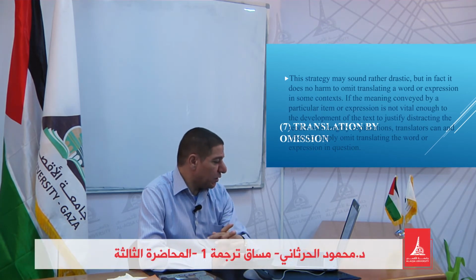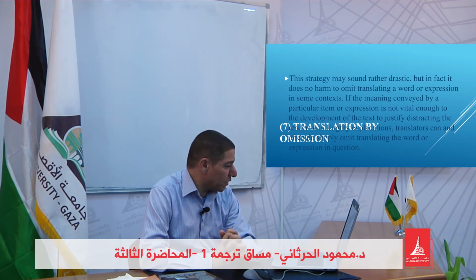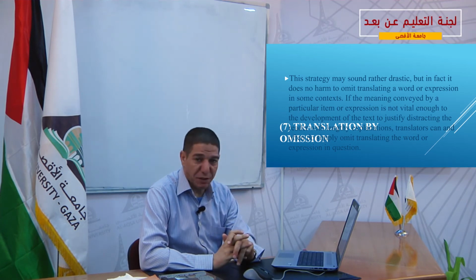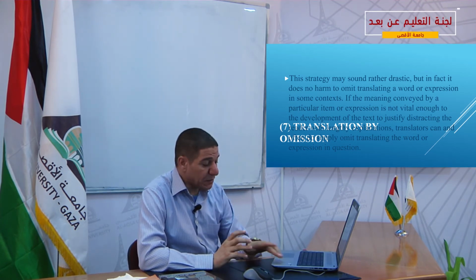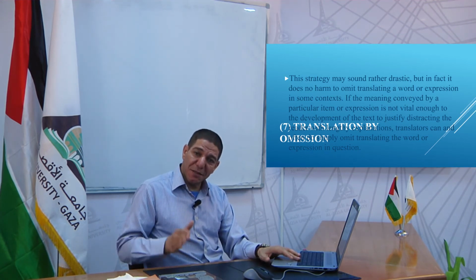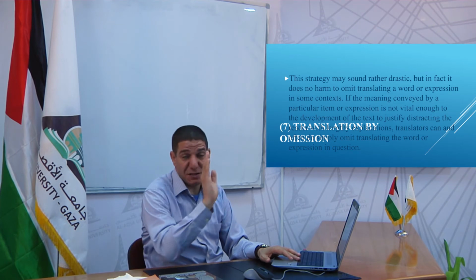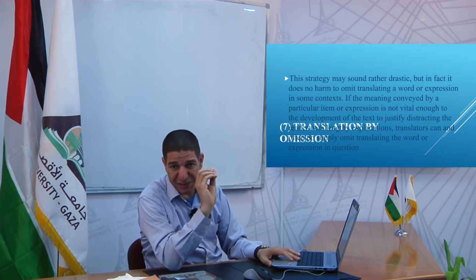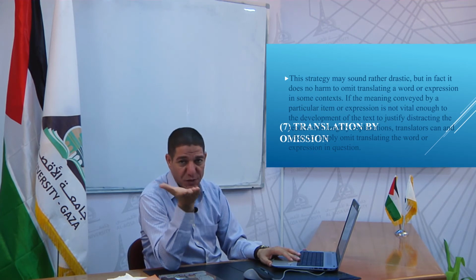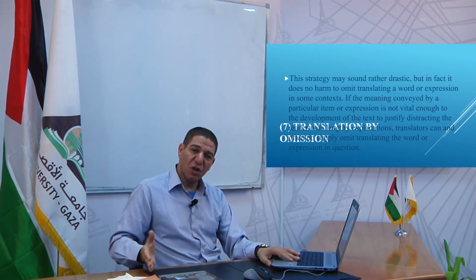Let us move for strategy number 7. Translation by omission. You omit sometimes certain elements in order to produce an acceptable text in the target. This is very rarely used, by the way. You don't usually opt for omission because, of course, translation is about conveying a message.